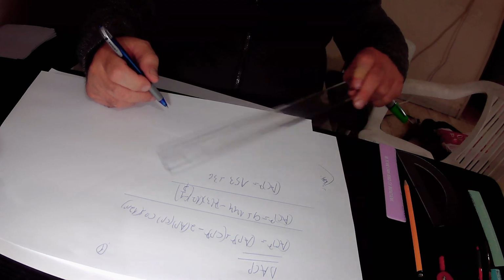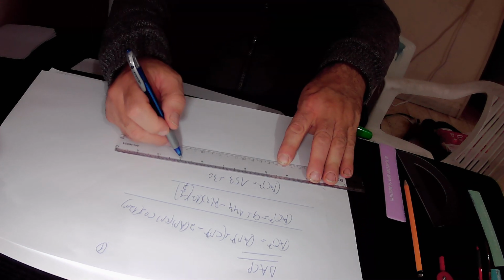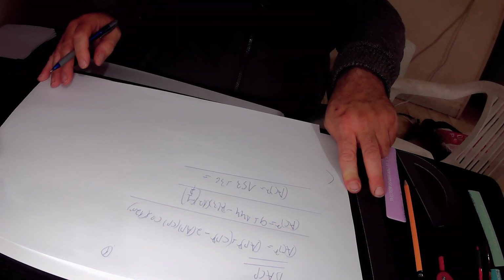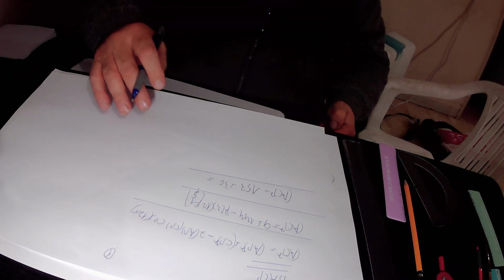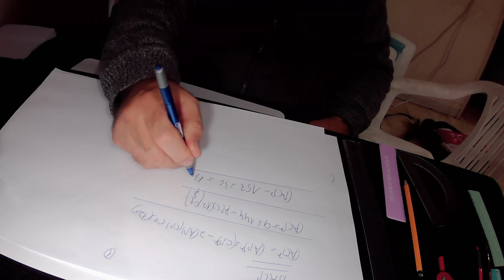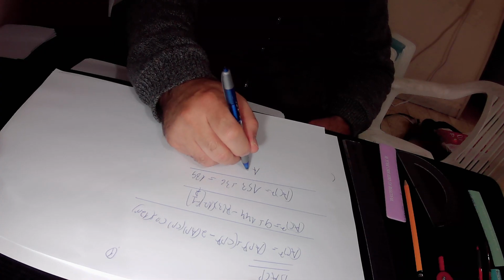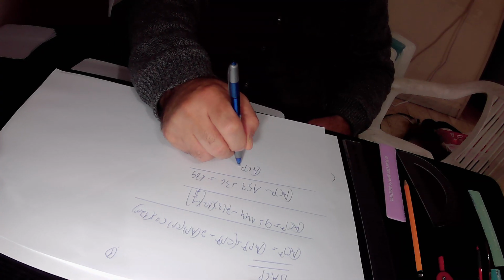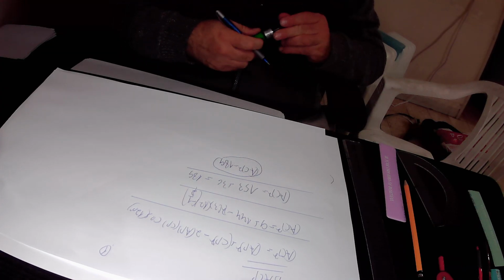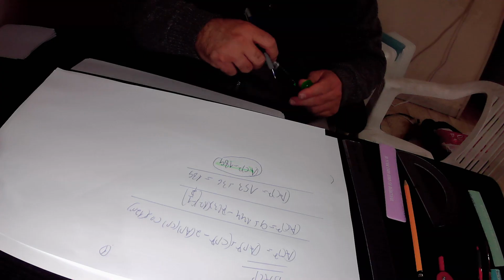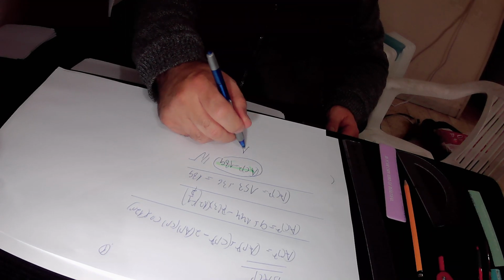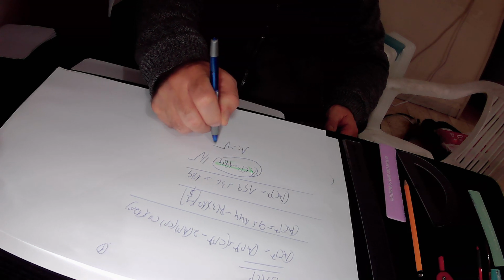So in total we found out that AC square equals 153 plus 36. So AC square equals 189. AC square equals 189. So here we take the square root of this equation, and finally we get that AC equals the square root of 189.